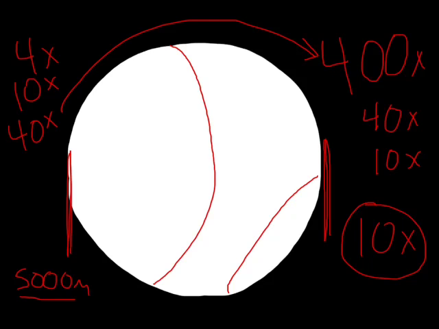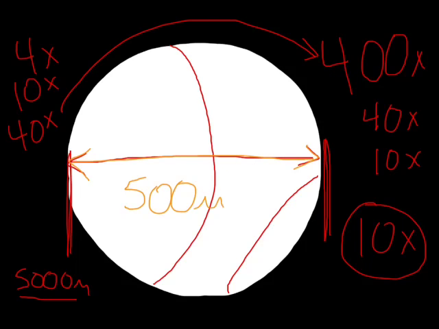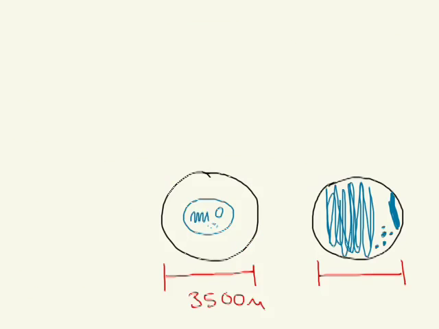So the field of view went down by that same factor. So now from here to here, change that color so you can see a little bit better. From one side to the next, went down by a factor of 10, making the whole field of view 500 microns.